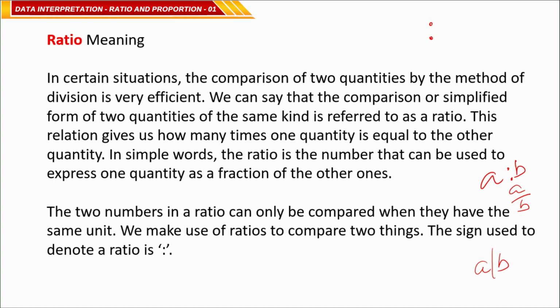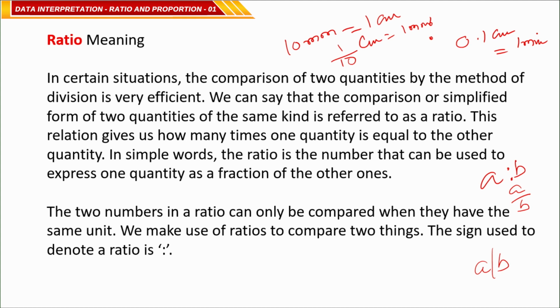Clear? For example, if you say 10 millimeters equal to 1 centimeter, it means 1 by 10 centimeters equal to 1 millimeter, meaning 0.1 centimeter is equal to 1 millimeter, correct.